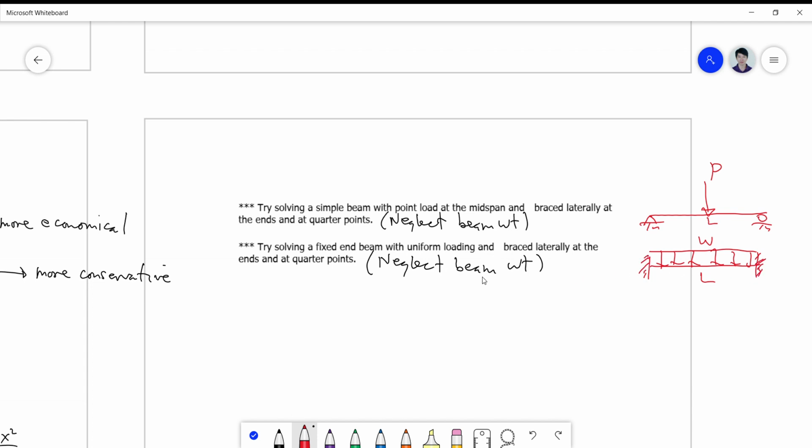You neglect the beam weight first, for simplicity. Now, if you add the beam weight, this will have a small uniform load there, and this will have an additional uniform load here. But for simplicity, I just like you to neglect the beam weight and try this for your exercise.